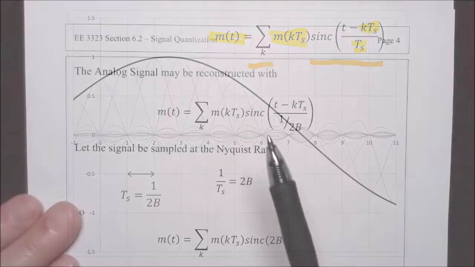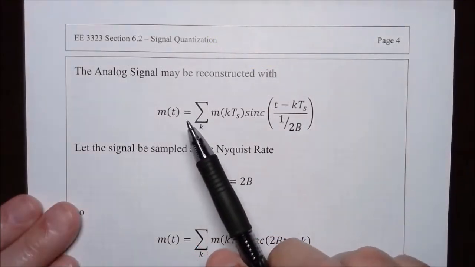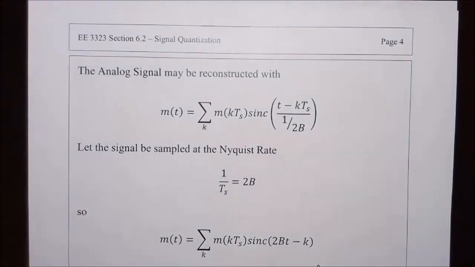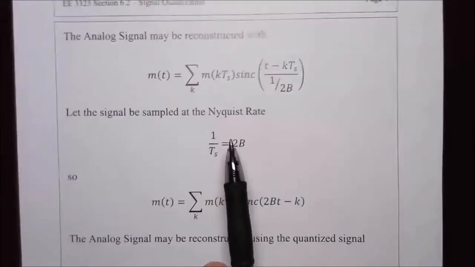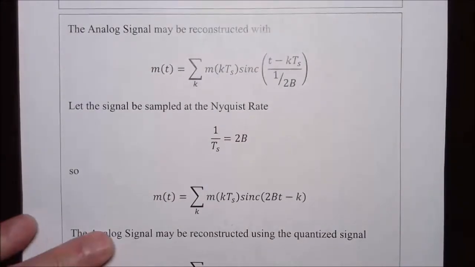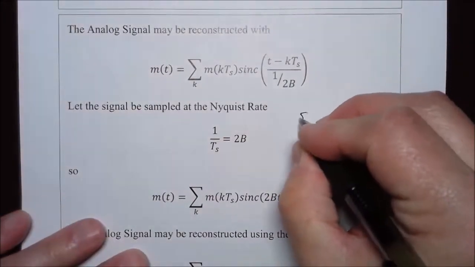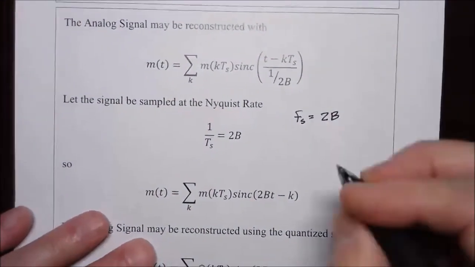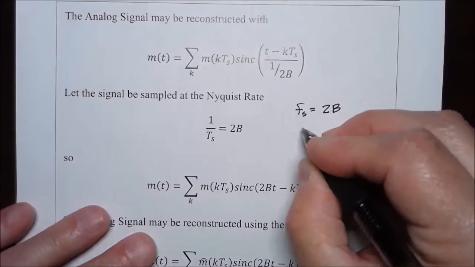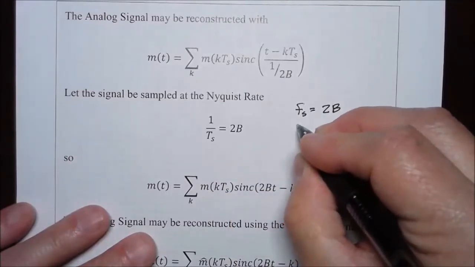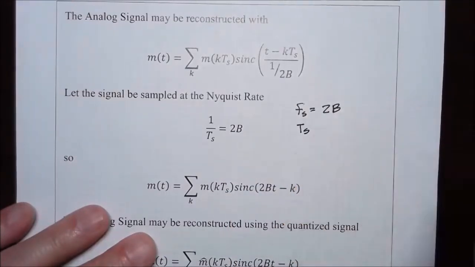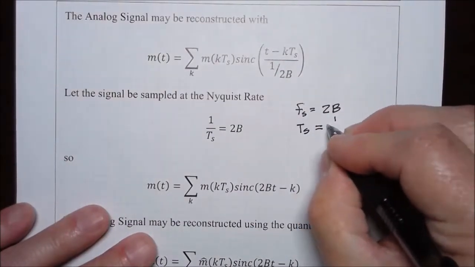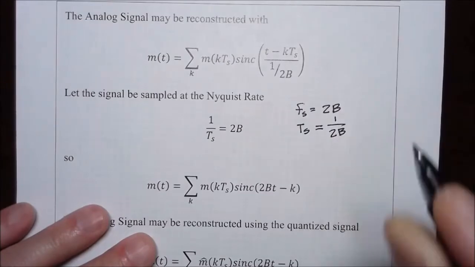With ideal sampling, the message signal can be reconstructed by the summation of shifted sinc functions. If we consider sampling the signal at the Nyquist rate, which makes the sampling frequency equal to twice the bandwidth of the message signal, then the sampling period is the reciprocal of the sampling frequency, so that's going to be 1 over 2b.